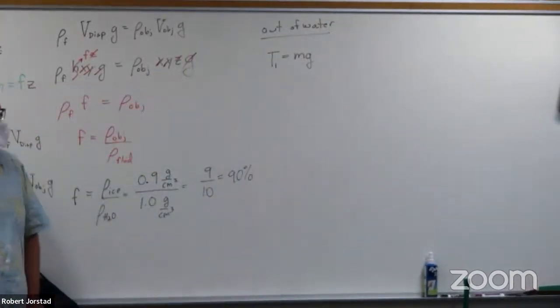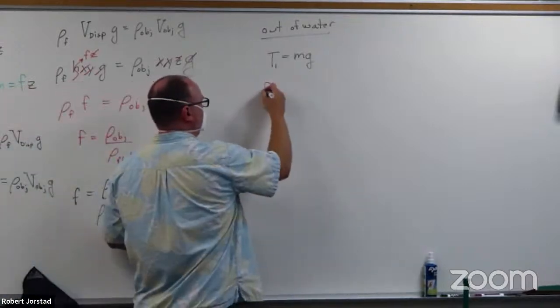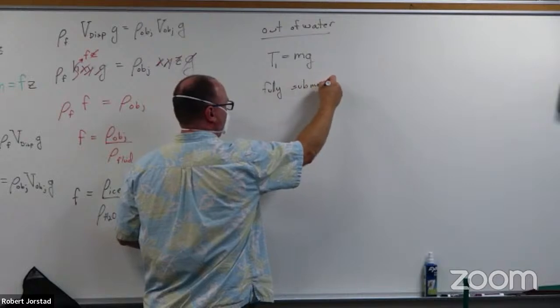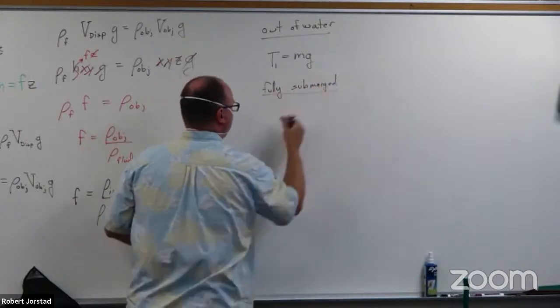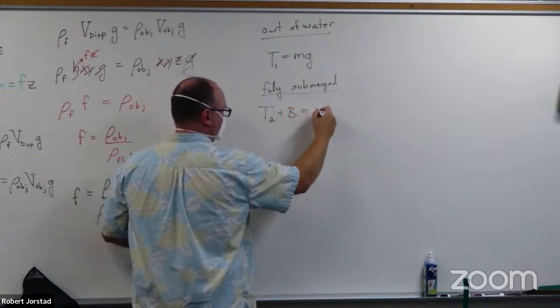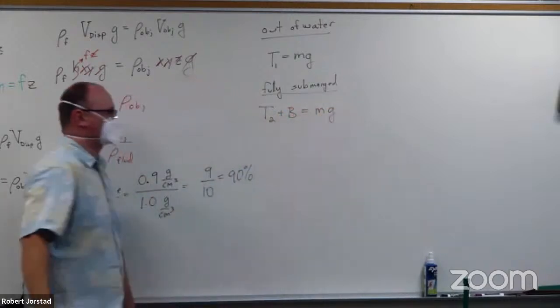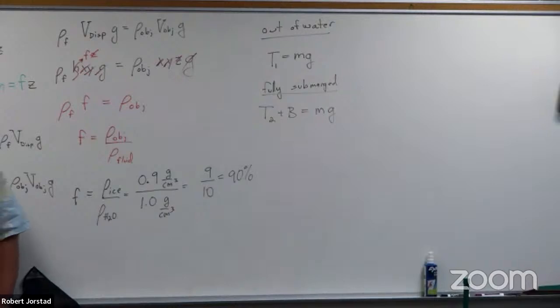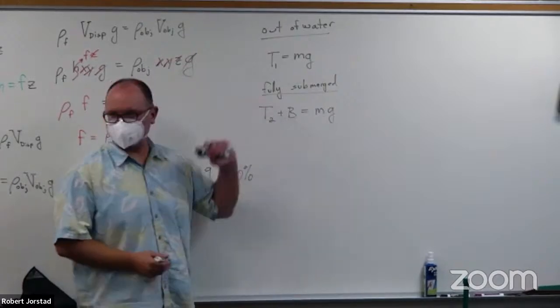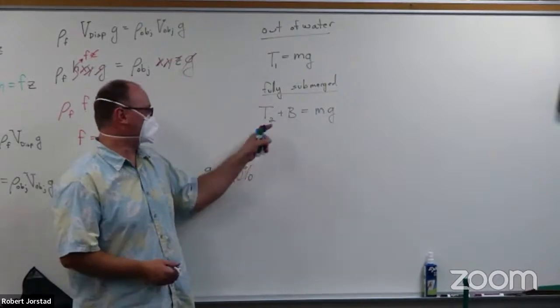Whereas when you fully submerged, is everybody okay with that? I'm not drawing the pictures, but you agree when it's fully submerged, the buoyant force is helping support the weight, and that's why we get a lower scale reading.